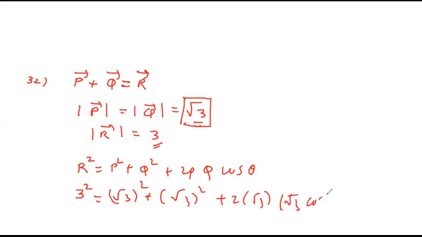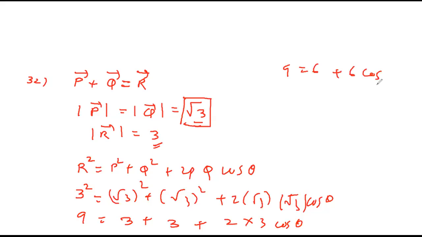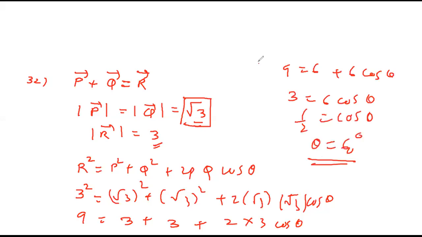So 9 equals 3 plus 3 plus 2 into 3 into cos theta. So 9 equals 6 plus 6 cos theta. 3 equals 6 cos theta. Half equals cos theta. Theta equals 60 degrees.